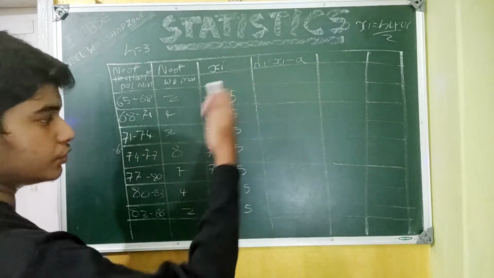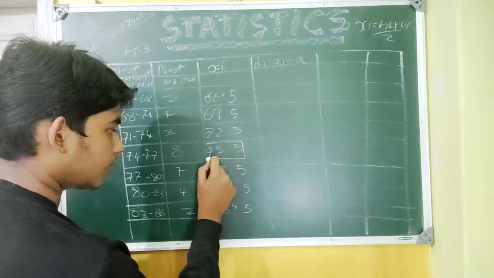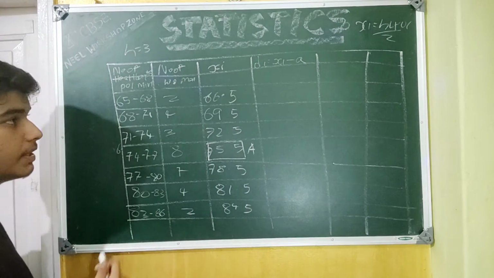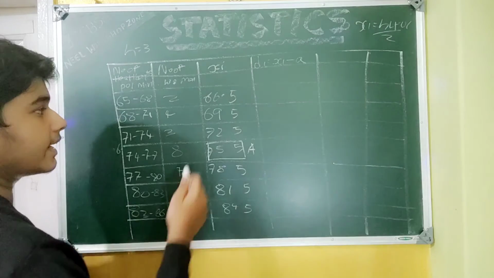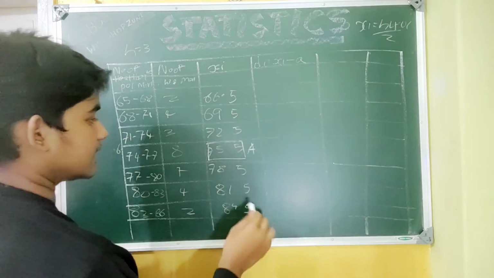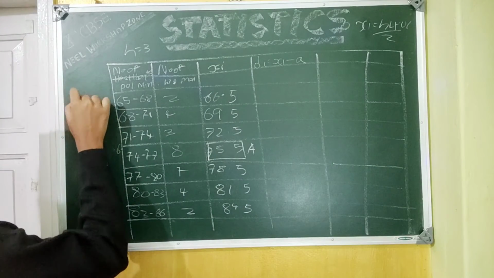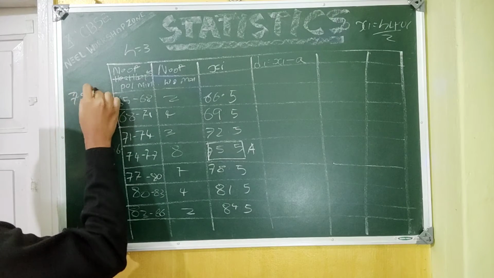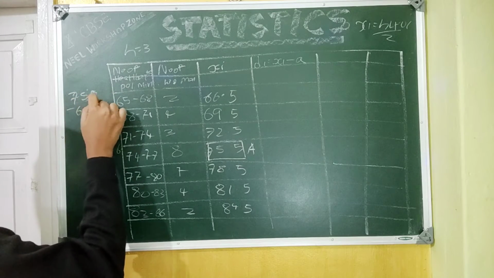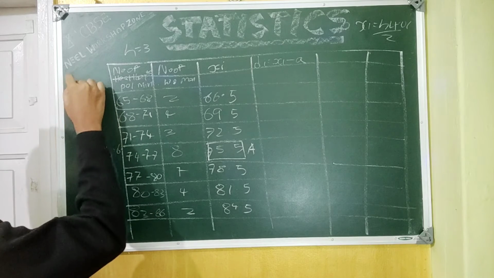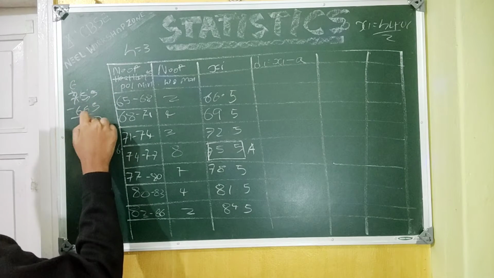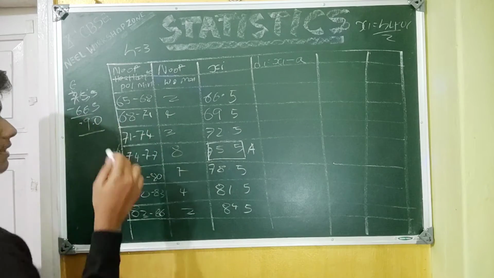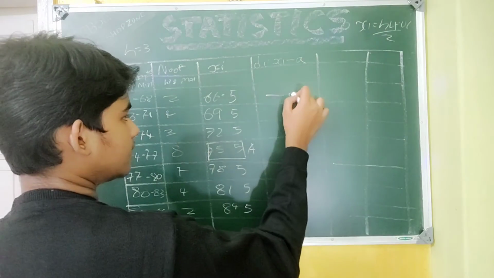Let's take 75.5 as the assumed mean. Now let's subtract: 66.5 minus 75.5 is minus 9. So di over here is minus 9.